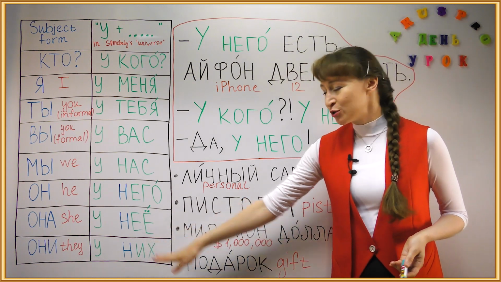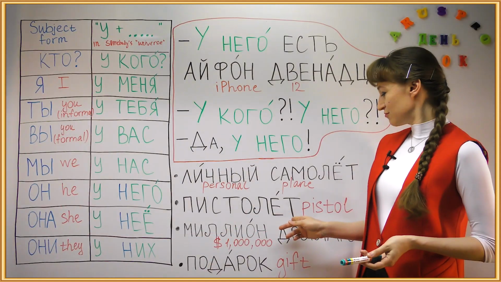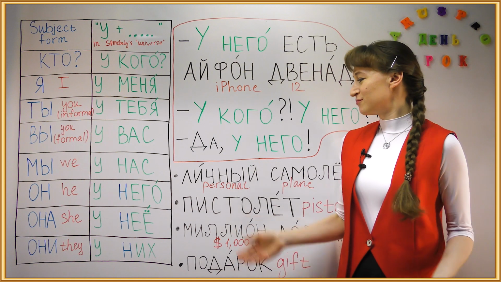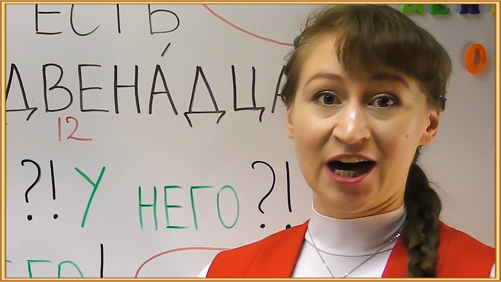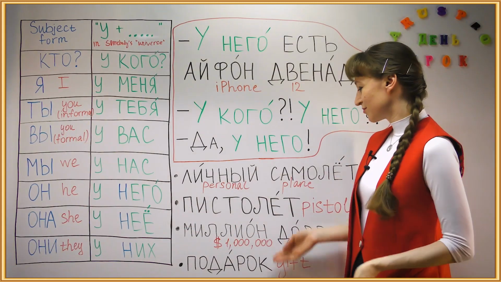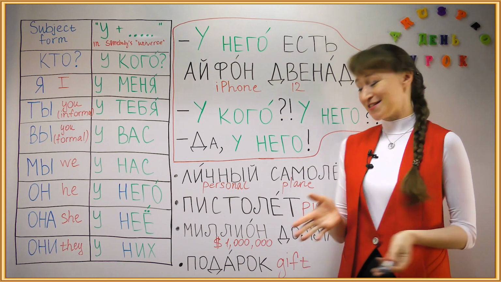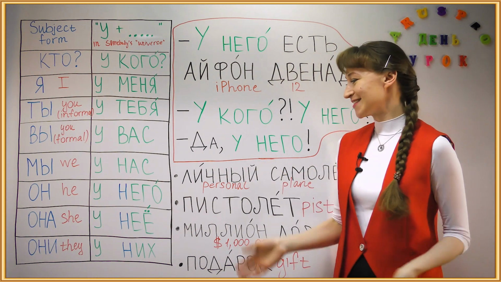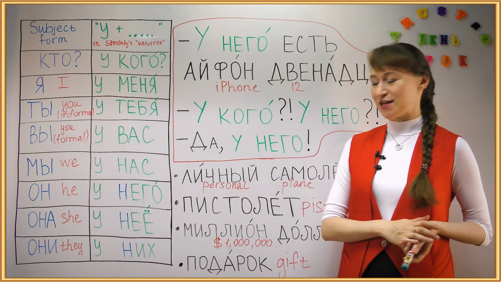У нее есть пистолет. У кого? У нее? Да, у нее. First of all, no one in Russia has weapons at home or anywhere else, let alone women. So that is very strange.